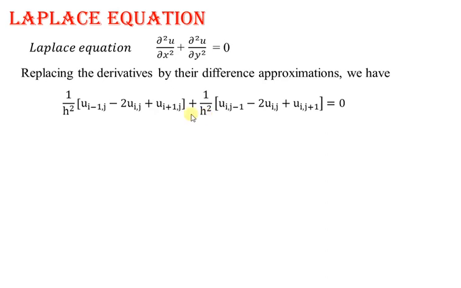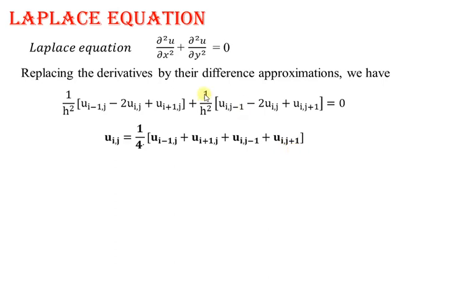And this equation we need to write in terms of the u(i,j) value. So rearranging the equation, we get u(i,j) is equal to 1/4 (u(i-1,j) + u(i+1,j) + u(i,j-1) + u(i,j+1)).